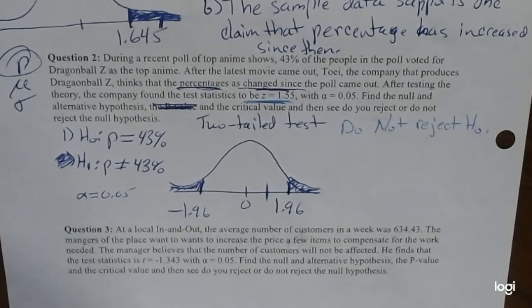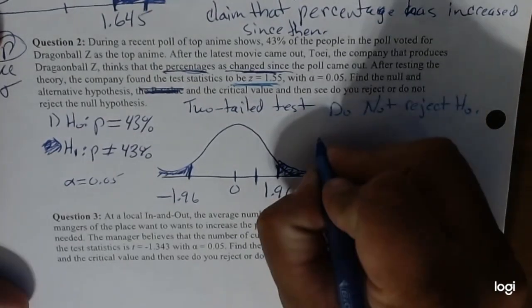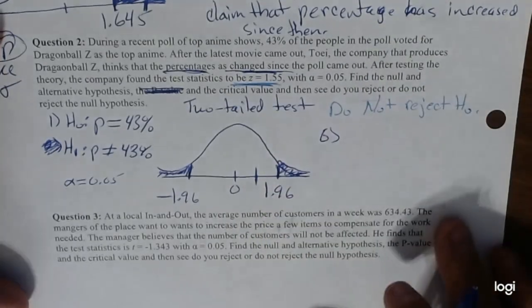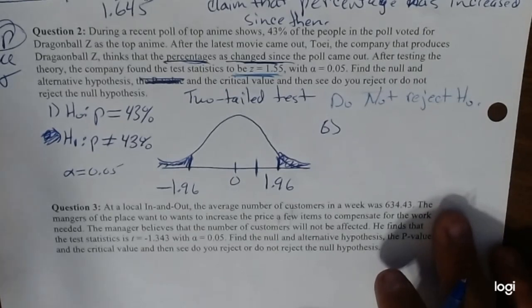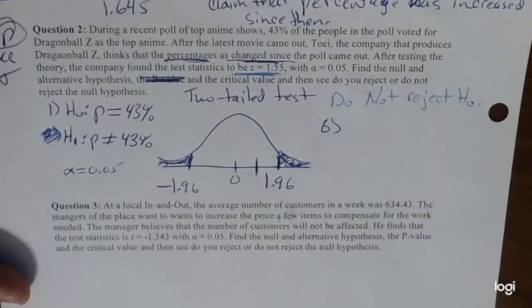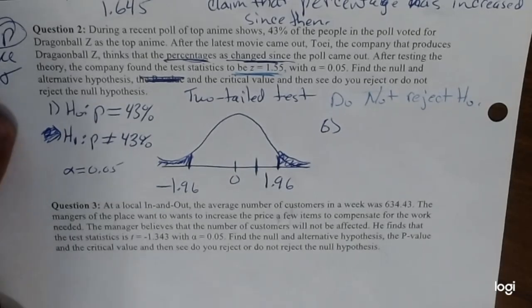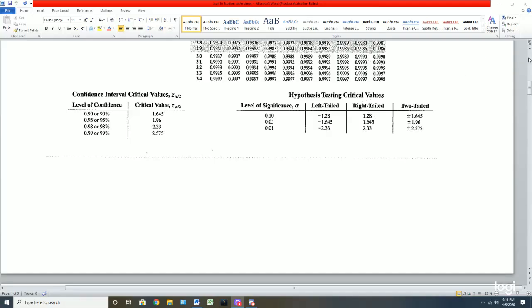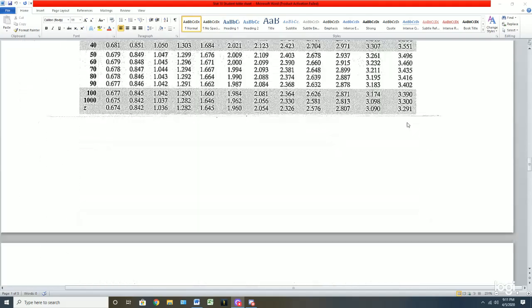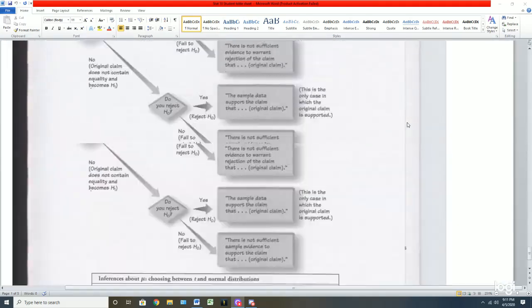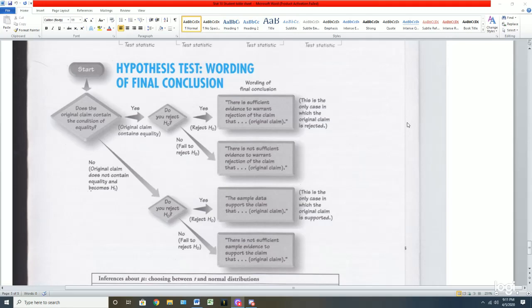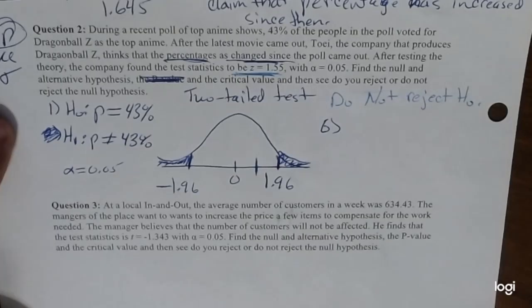And then just like the top one, let's do one extra. Let's write the conclusion based off this information as well. In this case, again, we're going back to see if we reject or do not reject. So back to our flowchart. First question again: does the original claim contain the condition of equality?